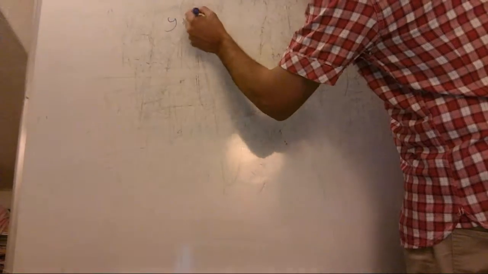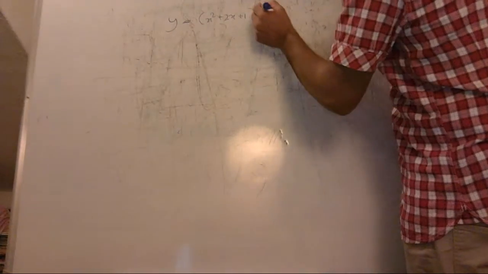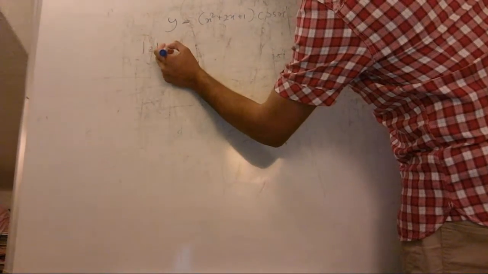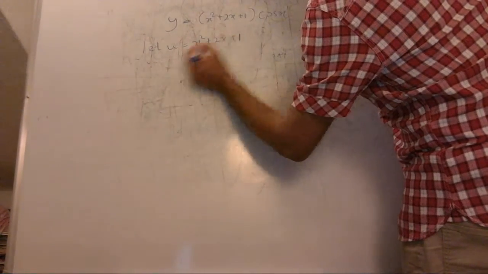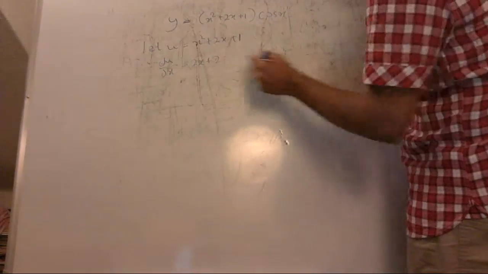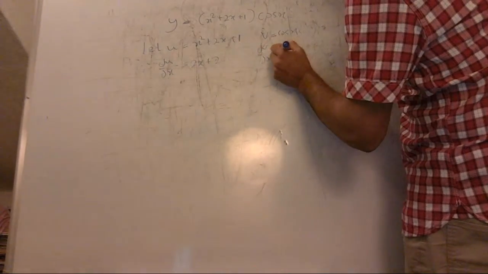Okay, so let's see. We have y equals (x squared plus 2x plus 1) cos x. Same kind of thing. So let u equal one function. It doesn't matter which one is u and which one is v, because at the end of the day it's a multiple. So du/dx equals 2x plus 2, and v equals cos x, so dv/dx equals minus sin x.